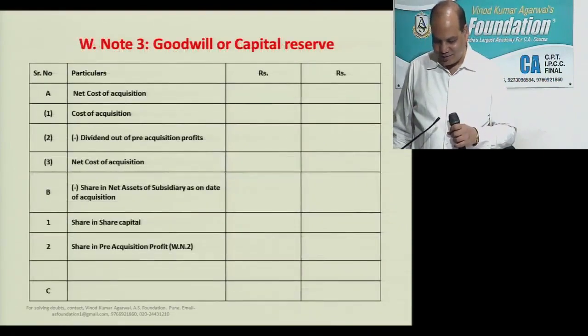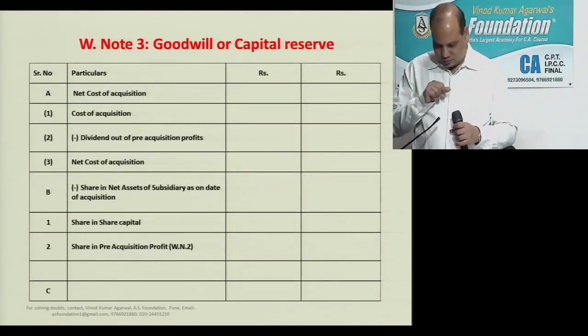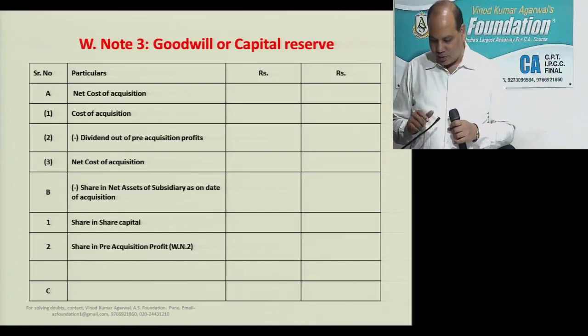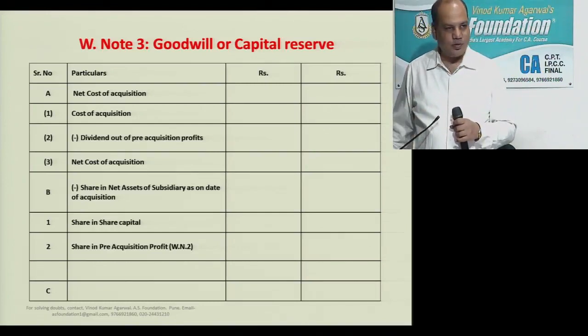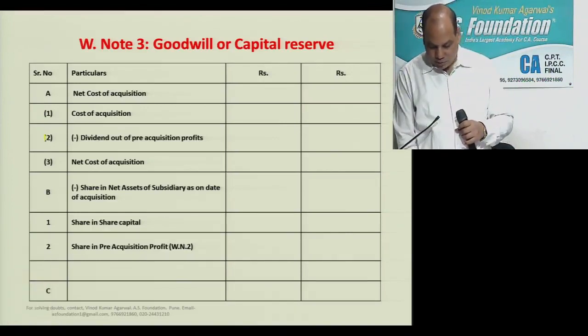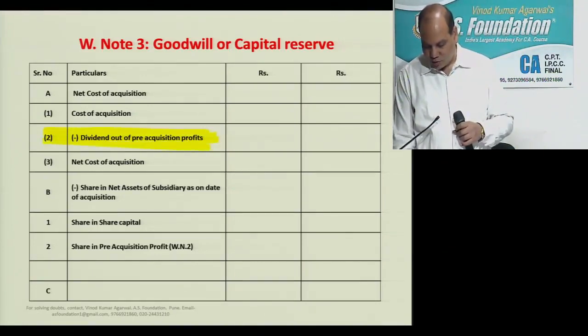Working note 3. Goodwill or capital reserve. I have made one small change in the format, just note it. This time there is a dividend received out of pre-acquisition profit that needs to be rectified. So I have added one more line in this working note: cost of acquisition less dividend out of pre-acquisition profit, therefore net cost of acquisition.